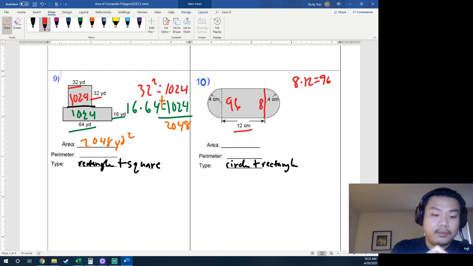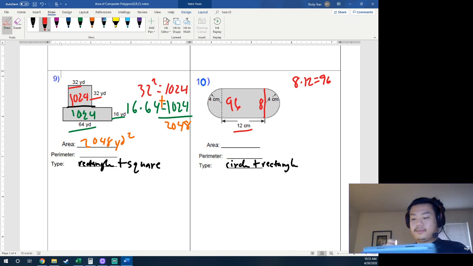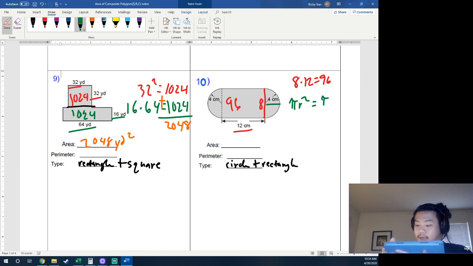And then we have the circle, which is pi r squared, or pi times 4 squared.